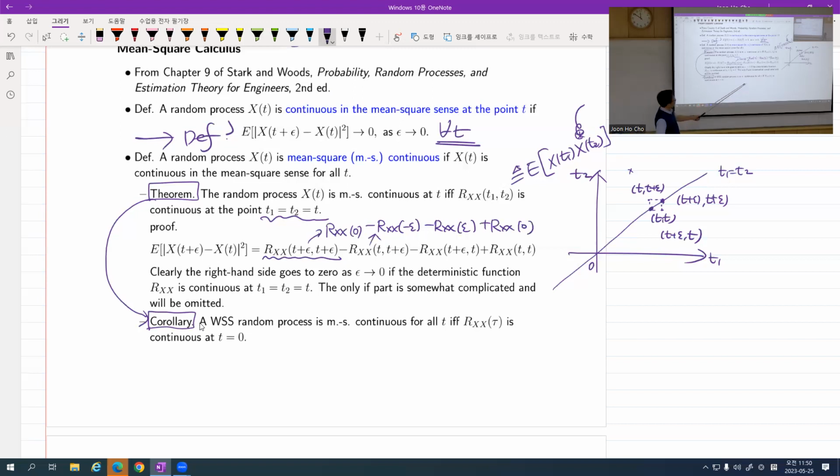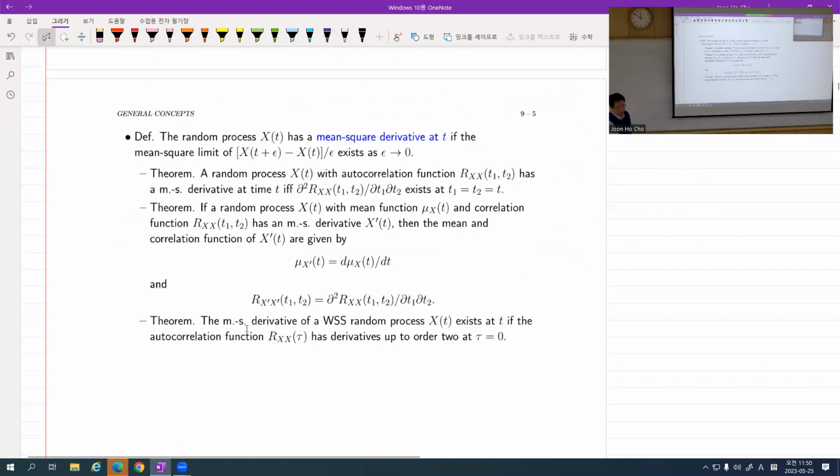So you have, if and only if, R_XX(tau) is continuous at tau equals 0, because if you set epsilon tends to 0, then you talk about the continuity of the single variable autocorrelation function at 0, right?